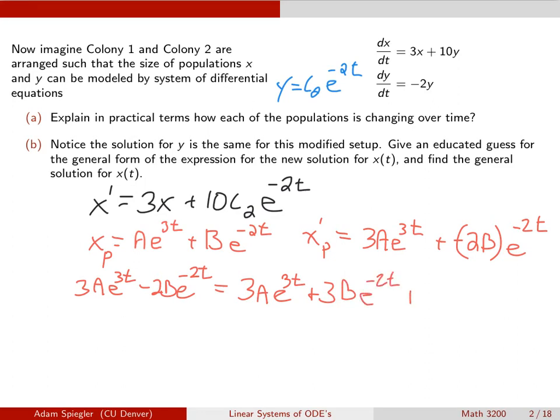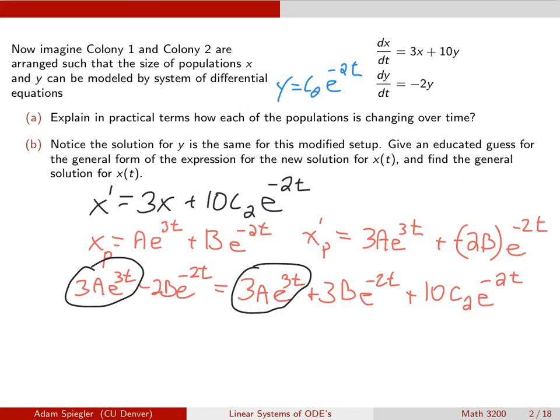And then we're going to add to that plus 10y, where we knew that y was c2 e to the minus 2t. And then just like we did previously, we can now group our terms and match up the coefficients. So I've got one term of e to the 3t on each side.